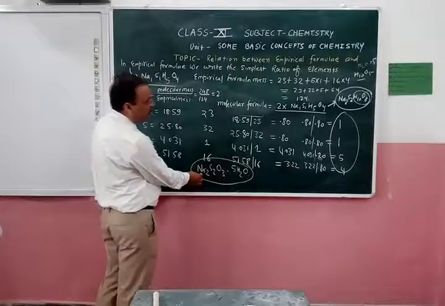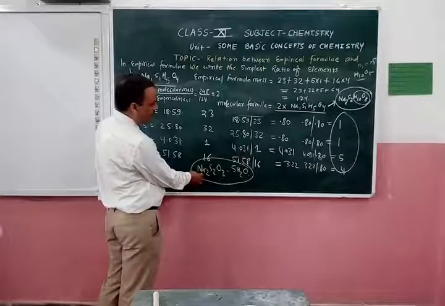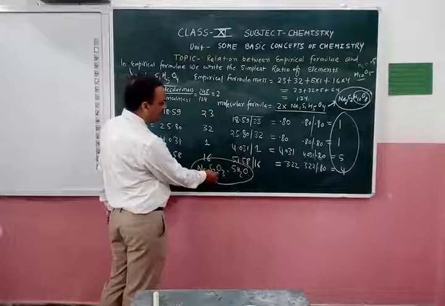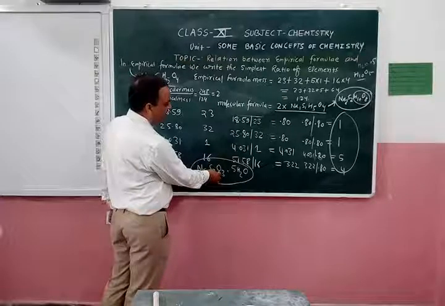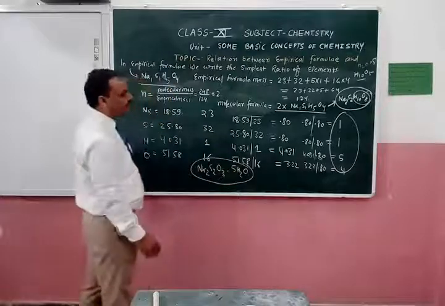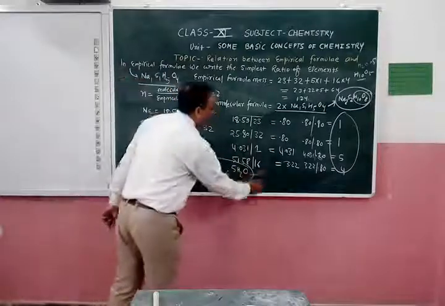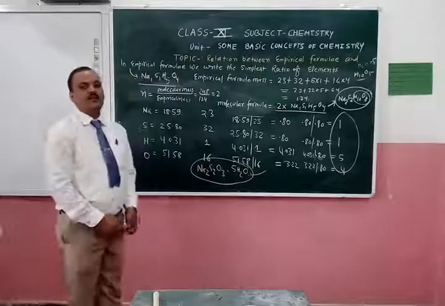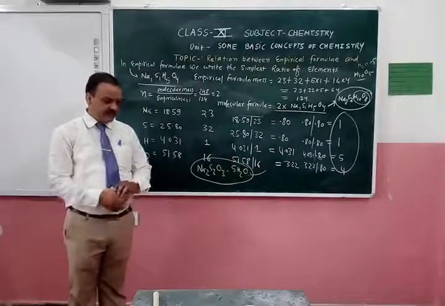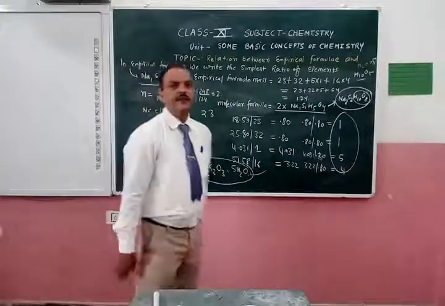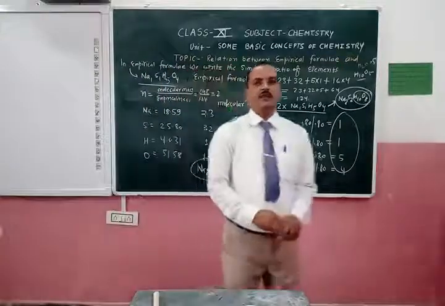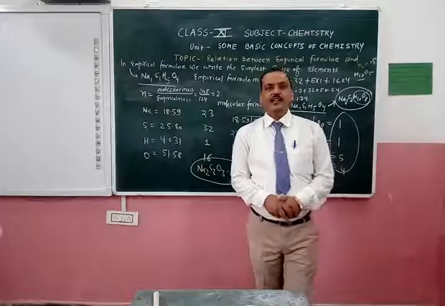We again check: 2 sodium, 2 sulfur, oxygen 3 and 5, that is 8, and hydrogen 10. So that is the formula where the water molecules are named as crystalline water. That is how we solve this kind of question.